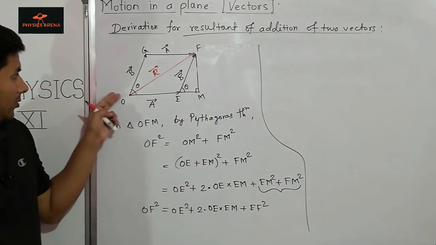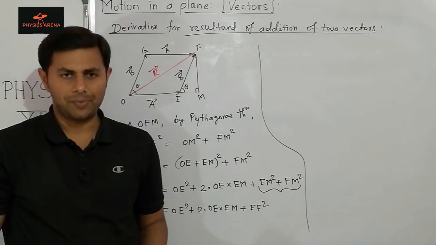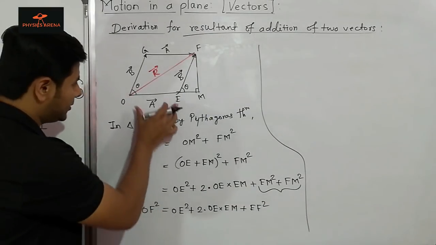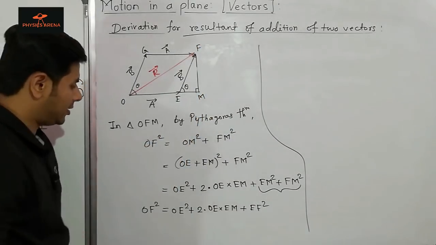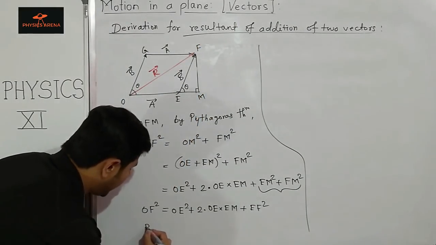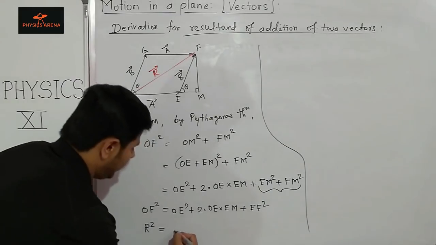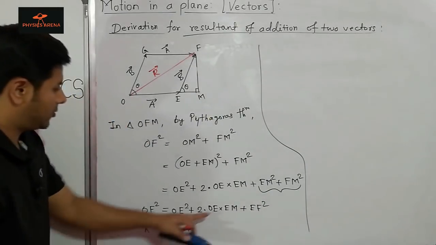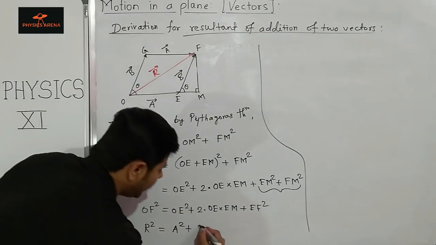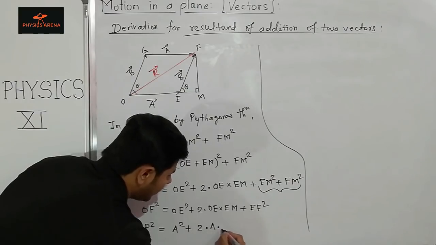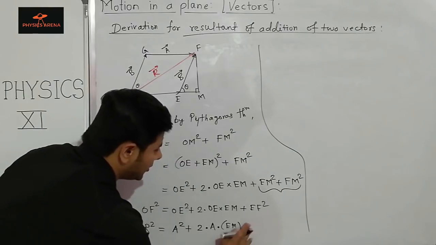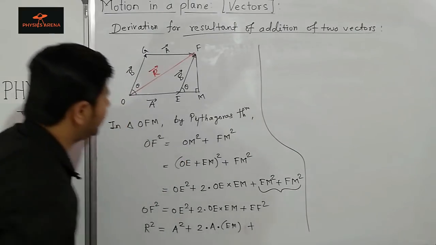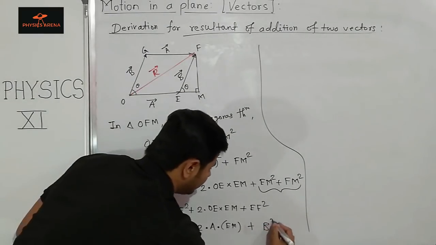Now OF is the magnitude of R bar, so let's substitute that. The magnitude of OE is the magnitude of A bar, and EF is the magnitude of B bar. So this is R square equals A square plus 2 times A into this EM plus EF square, which is B square.